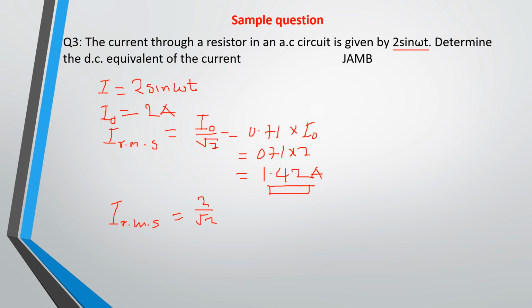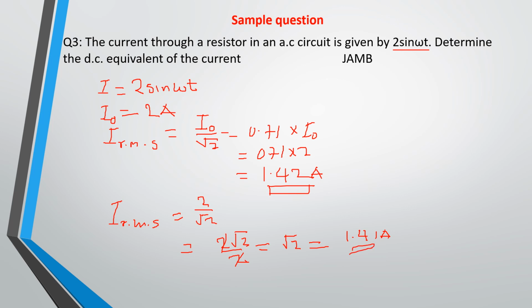If you rationalize this, you are going to have 2 root 2 all over 2. So this gives you root 2. If you find the value of root 2, you're going to have 1.41 as the case may be.